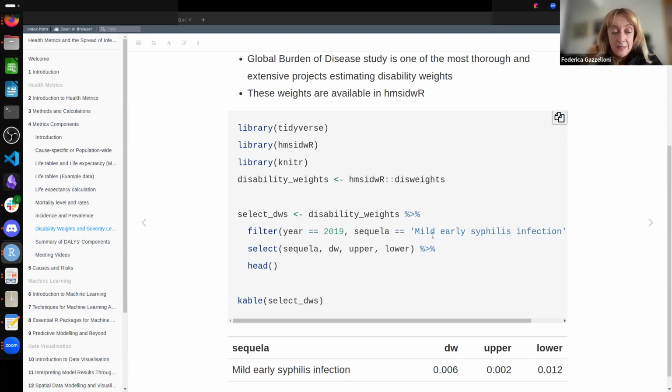So there is more than one condition that happens to an individual. If you want to think about a stroke, for example, then you need to consider other things. And here is a simplified version, and you have the upper and the lower bounds of specific weights.